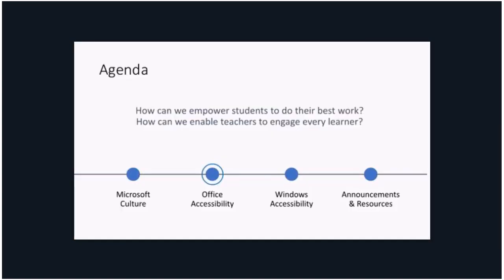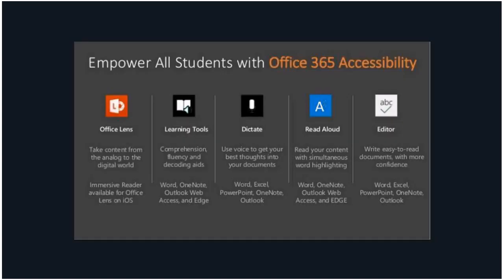Yet, our agenda remains very focused today. How can we empower students to do their best work? How can we enable teachers to engage every learner? And our focus is Office accessibility. Empowering all students with Office 365 can be done using Office Lens, learning tools, the dictate feature, the read aloud feature, and Editor. This is what existed as of yesterday.